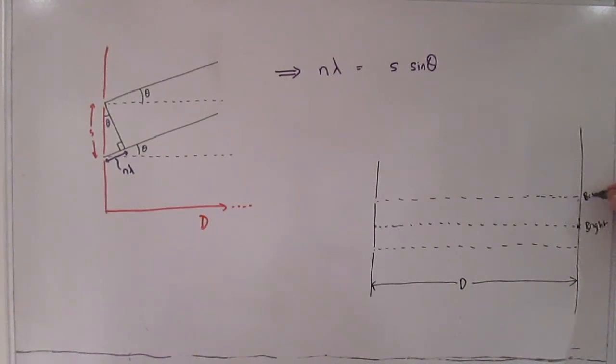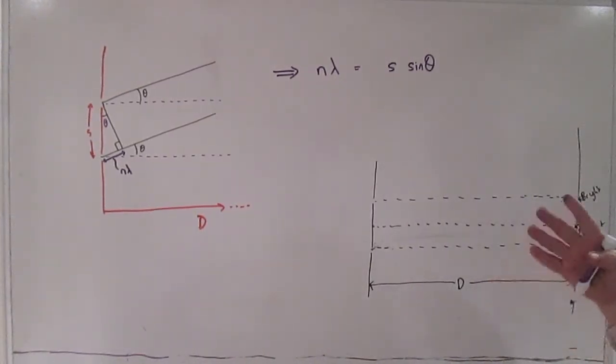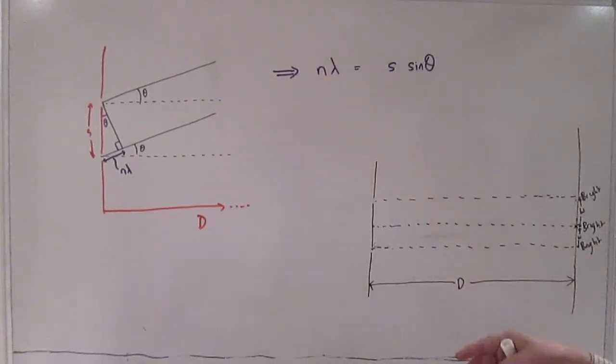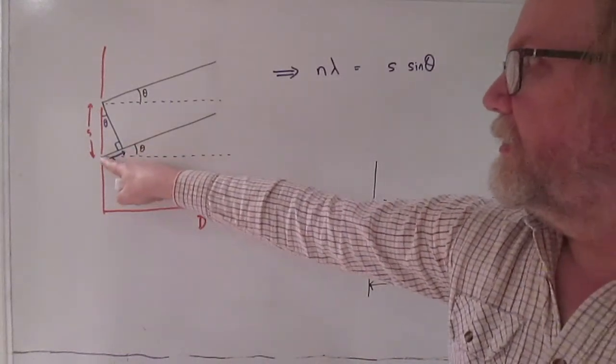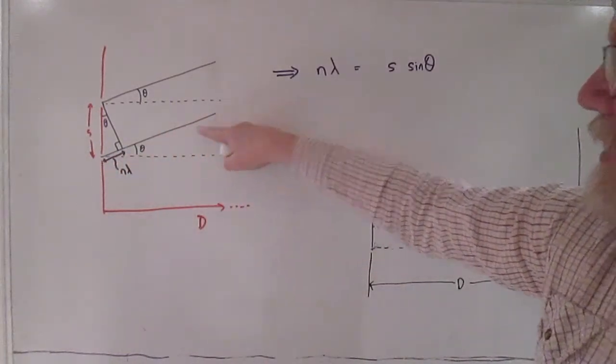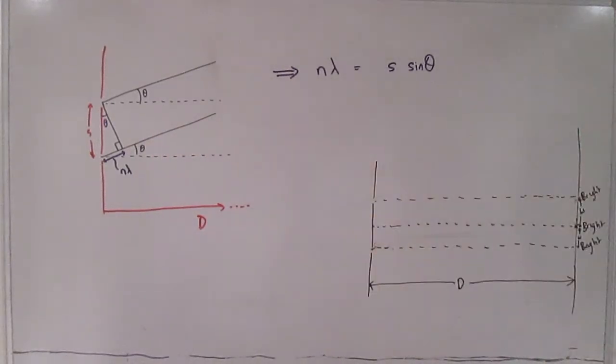So we've got these bright fringes there, and we're interested in this parameter w, which is the separation between adjacent bright fringes. So that's w, and so is that. Okay, so if we're looking to establish a relationship between what we can see on these two scales, we can do that using this angle theta, because this is the angle which the diffracted light has to make in order to produce constructive interference on the screen.